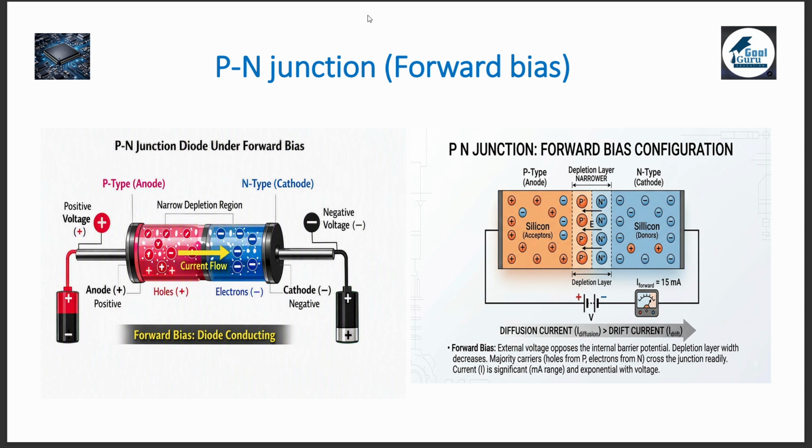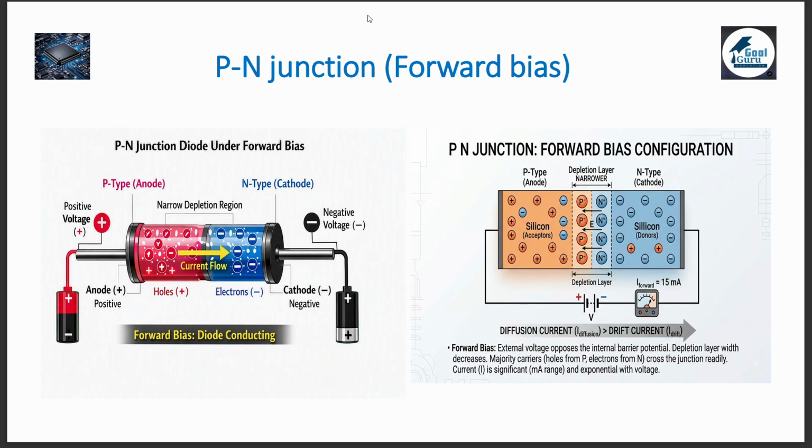In the last class, we have already studied about barrier potential. So, when the external voltage is applied to the PN junction, it opposes the internal barrier potential. Hence, the depletion layer width decreases.